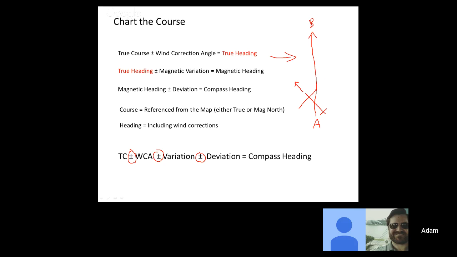So in this case, I'm going to subtract from my course. If the wind was coming from this direction, I'd be pointed that way, and I'd want to add. So you can see how these values can be either added or subtracted depending on which way your wind's coming from, or whether you've got easterly, minus easterly, or plus westerly variation.